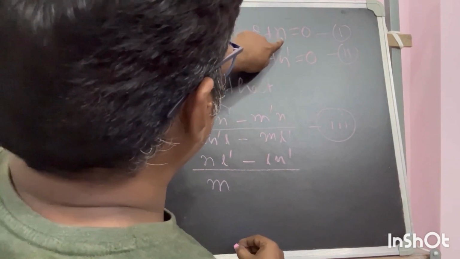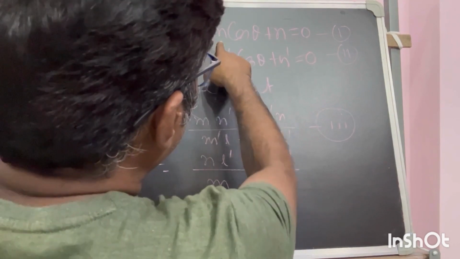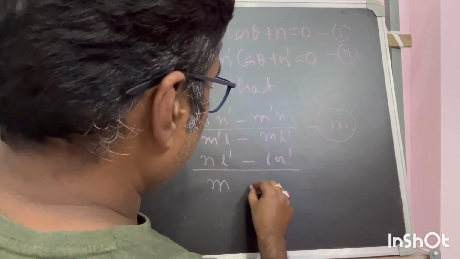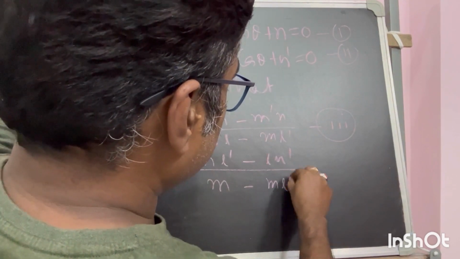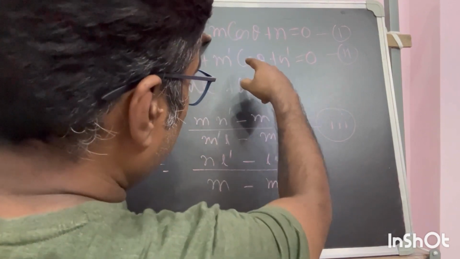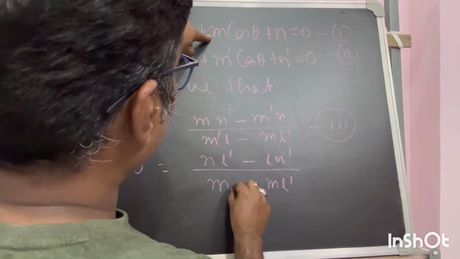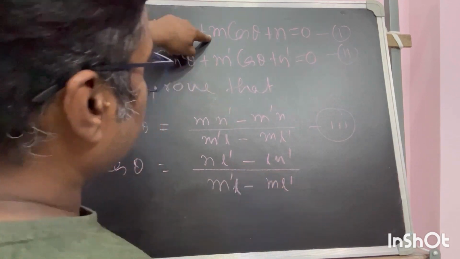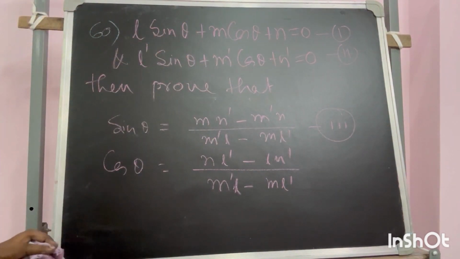I am multiplying with L dash, so L dash will be M L dash, because I am deducting this from this, M L dash will come there, and M dash L will come here also.